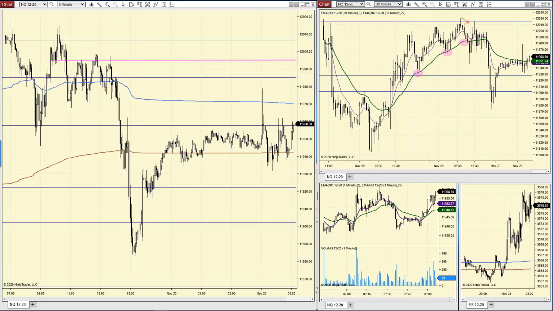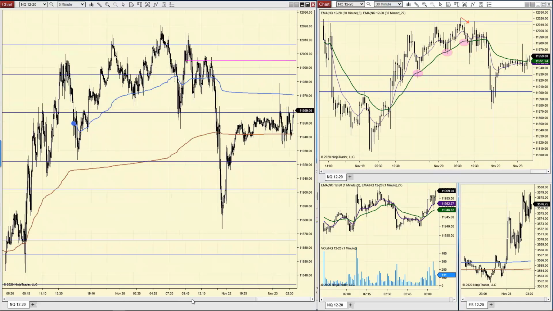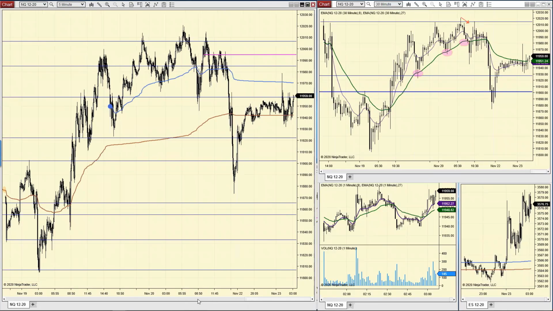I said that this was more about shorts being stuck from the prior Wednesday and Thursday. We went at length on that, I'm not going to spend a whole lot of time on that again, but we talked about how on that Wednesday, we were up and down, up and down.